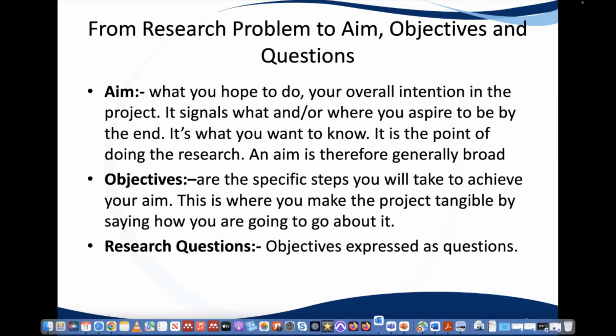So an aim, folks, is what you hope to do, your overall intention in the project. It signals what and or where you aspire to be in the end. What is it that you aim to understand by the time you get to the end of the study?